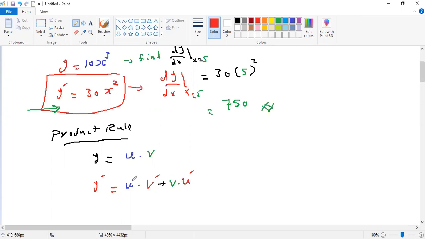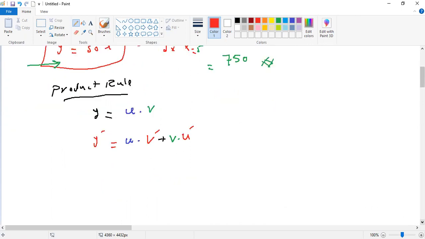Which one comes first, which second, doesn't matter.